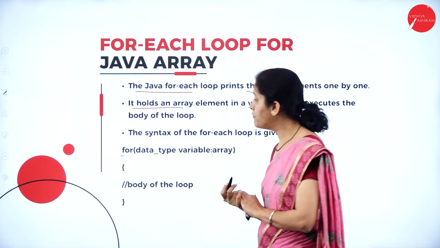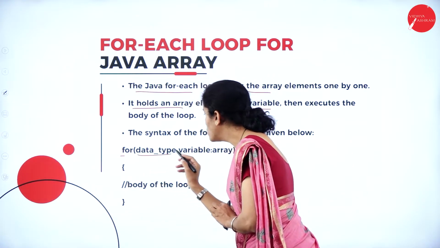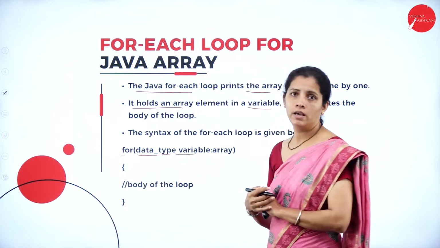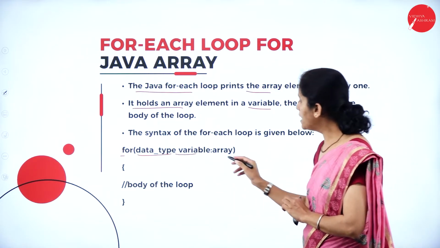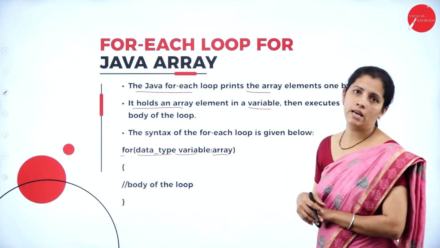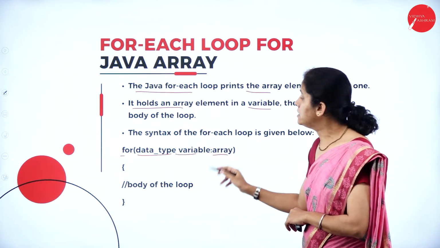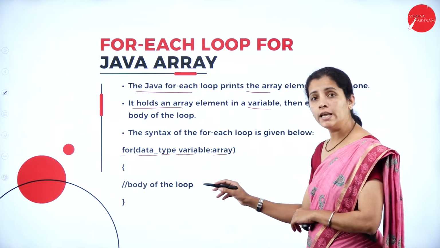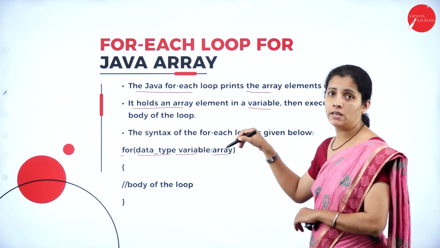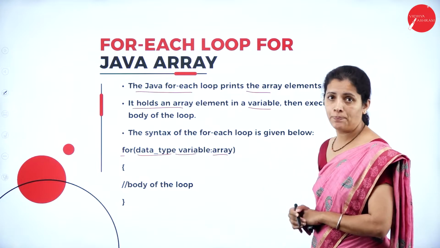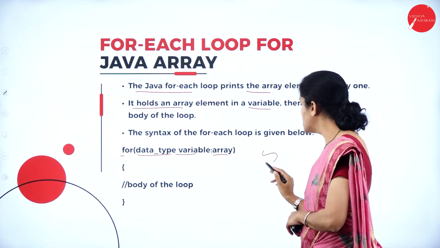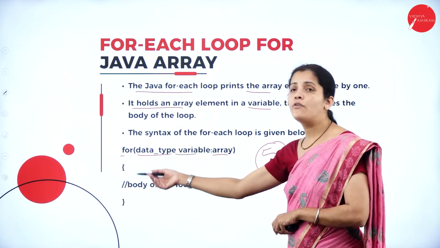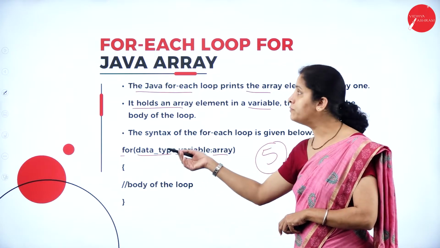So I have for, I want to specify the data type, the variable name and the array name. And this statement is going to execute according to the number of elements present in an array. For example, if the size of the array is 5, then this particular for loop is going to execute 5 times.